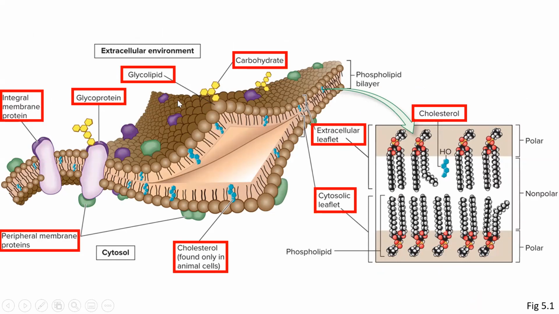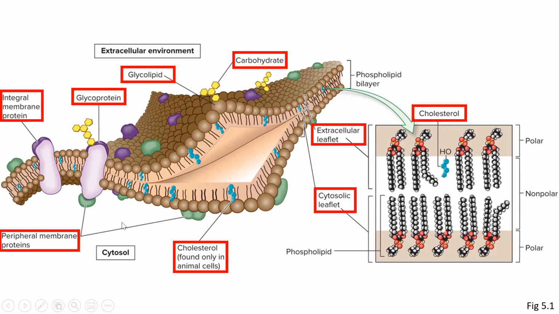We have the external, we have glycoproteins, we have an integral membrane protein, also known as a transmembrane protein. We have peripheral proteins that are found on the interior of the cell. So this is the outside, so that's why we're calling it the extracellular environment. So all this stuff is outside of the cell. And then this is all inside of the cell.